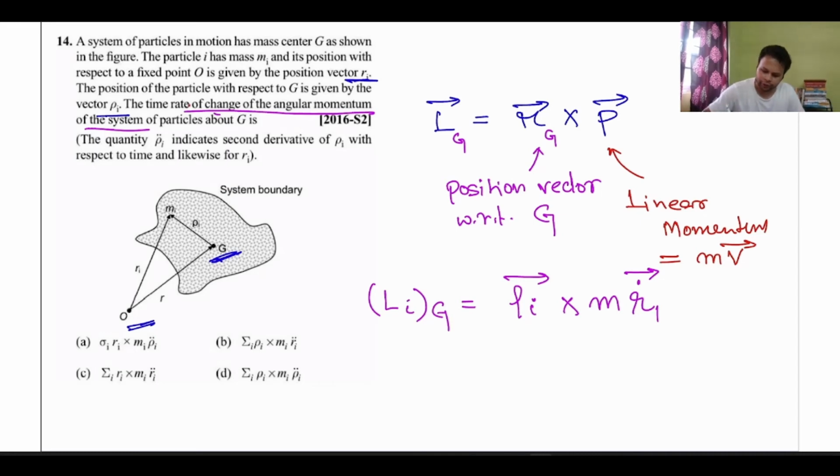So I want the rate of change of angular momentum, not exactly angular momentum.